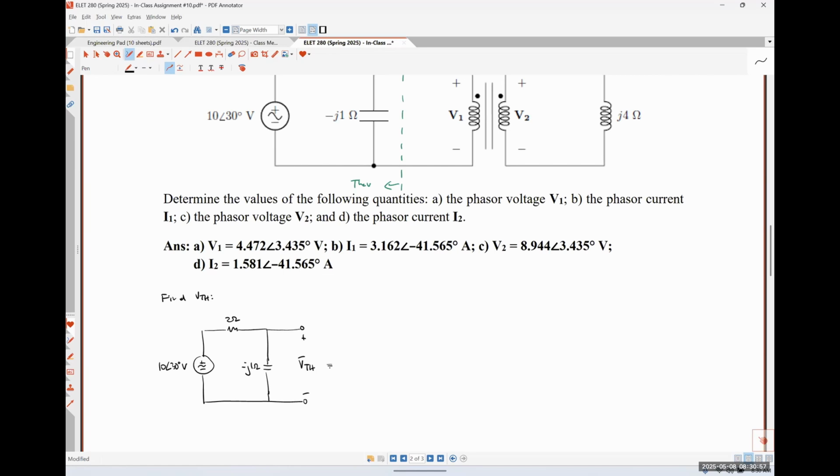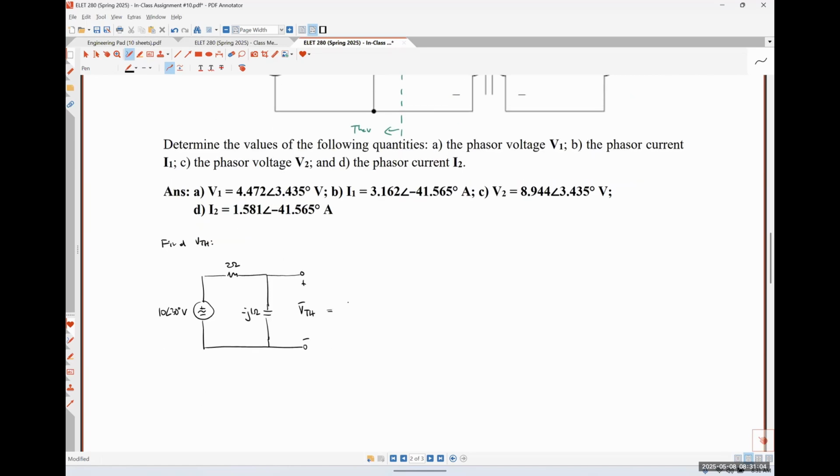That's two steps. I'm lazy, and if I can do it in one step, I want to do it in one step. So I would say that this is 10 angle 30 degrees volts. The impedance I'm trying to find the voltage drop over is that minus J1 ohm impedance. And what's the total series impedance seen by that voltage source? Just 2 minus J1.